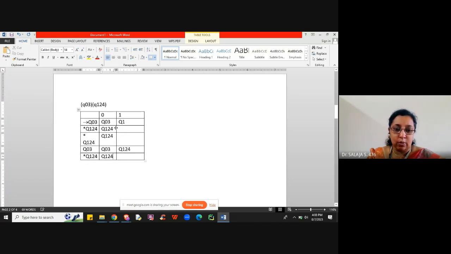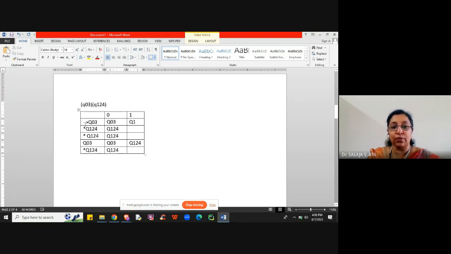This is the table you get after converting Q0, Q3 to Q03 and Q1, Q2, Q4 to Q124. Now this becomes a duplicate, so I can delete it. These two also become duplicates, so these two can be deleted.